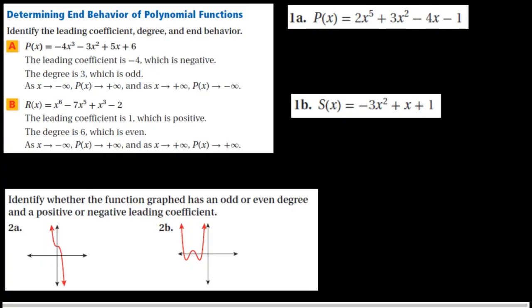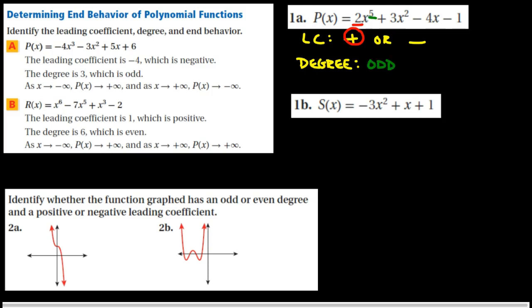1a, let's determine leading coefficient, positive or negative. Degree, odd or even. So leading coefficient is, that's a 2, so it's positive, right? Okay, the degree is 5th power, so that's odd.